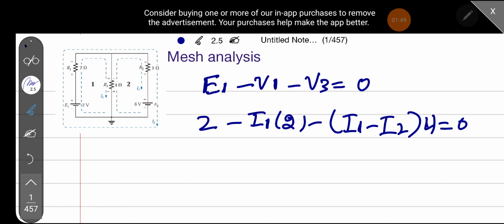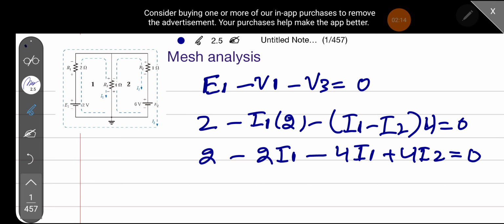Now let's simplify this equation. 2I1 minus 4I1 plus 4I2 is equal to 0. If we further simplify the equation, it will look like 6I1 minus 4I2 is equal to minus 2.